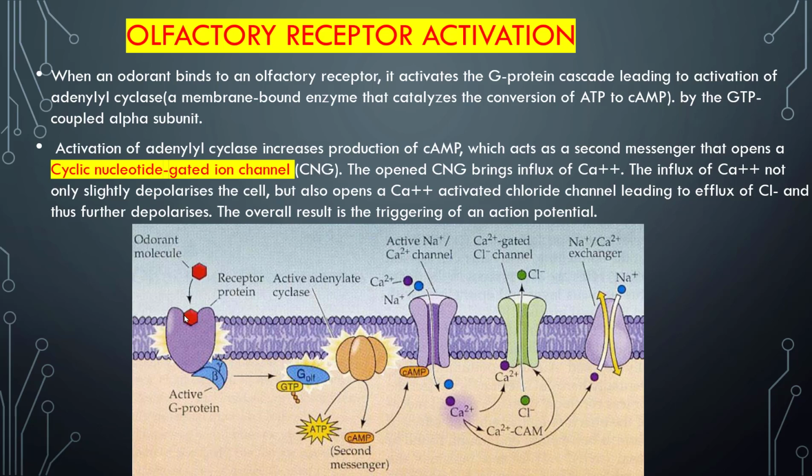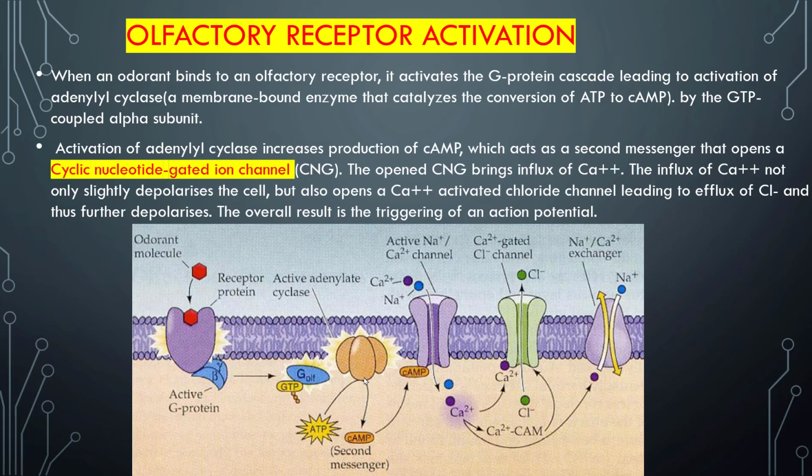When the odorant attaches to the surface portion of the G protein, it activates the interior portion, which consists of alpha, beta and gamma subunits. The alpha G protein subunit is attached and GTP is attached to it. This coupled protein then acts on the adenyl cyclase and activates it.